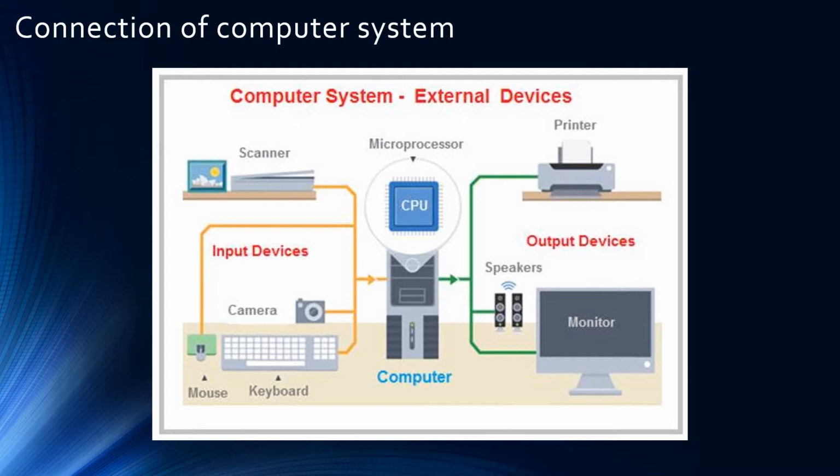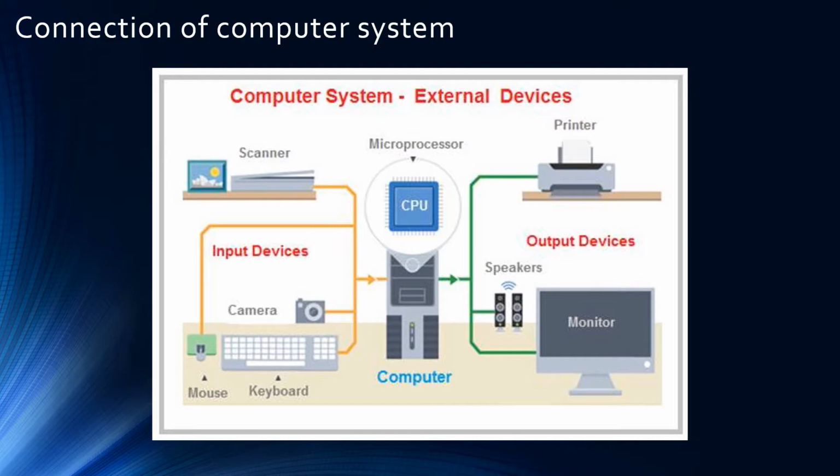From the picture you can see some examples. The output devices can be a monitor, a speaker, a printer, or something else. You can connect to, let's say, an LCD projector, for instance. The computer also needs some input devices, for example mouse and keyboard. Without the input devices, you cannot do the work either.